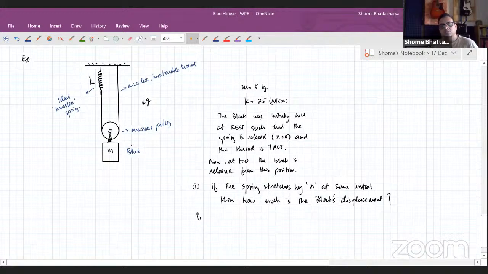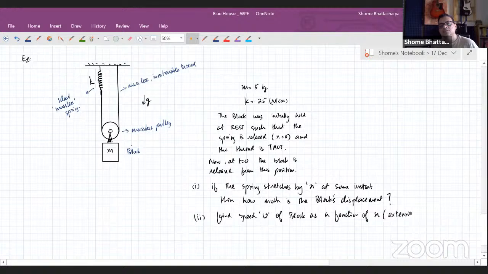And secondly, find the speed of the block as a function of x, that is the extension of the spring.